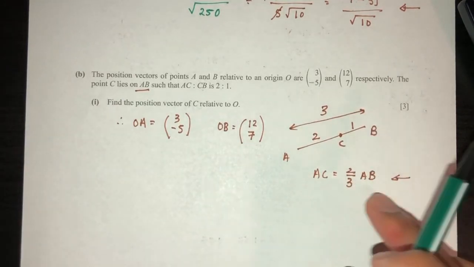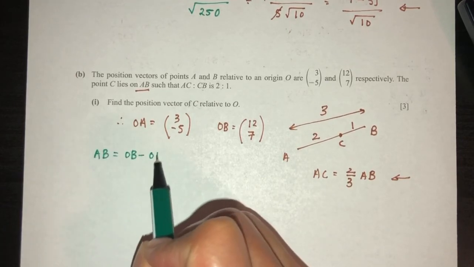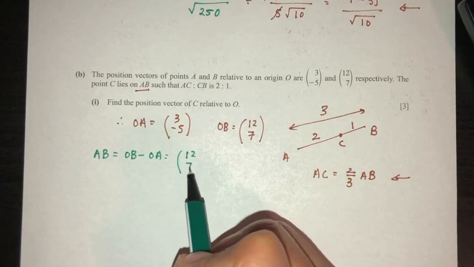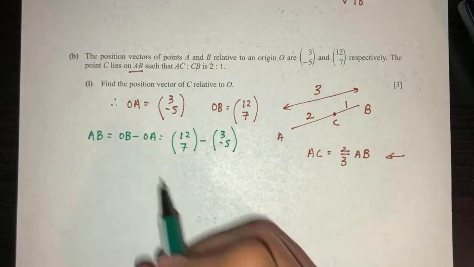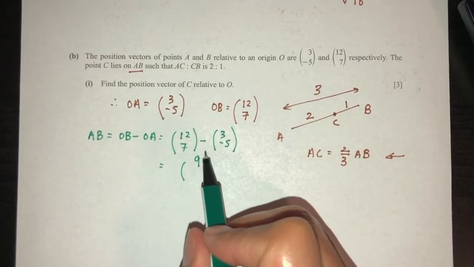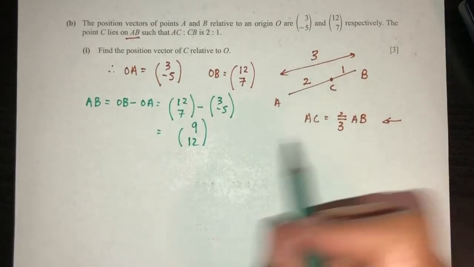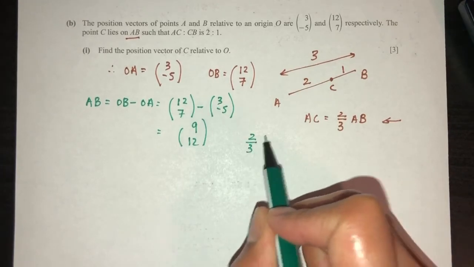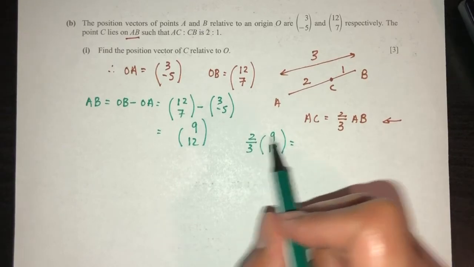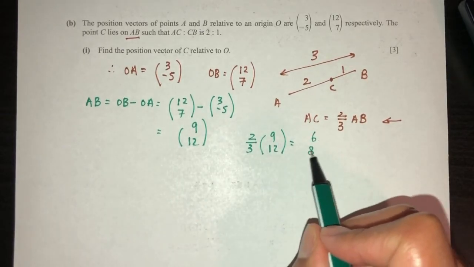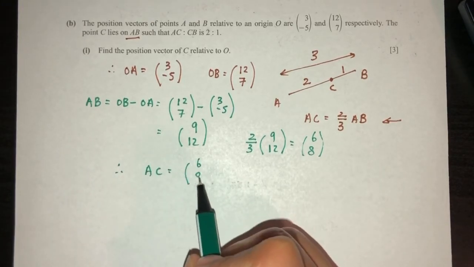So now what is AB? So let's first find AB. AB is OB minus OA. That will be (12, 7) minus (3, -5). So that should give you 9, and that should give you 12. Okay, that is AB. Now what is 2/3 of AB? So 2/3 times AB, divide by 3, that should be 3, 4, and times 2 that will be 6, 8. So from here we have AC is equal to (6, 8).